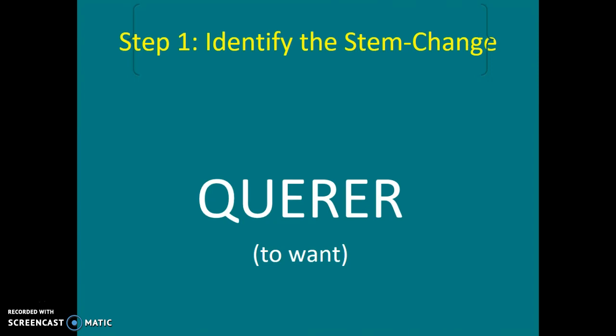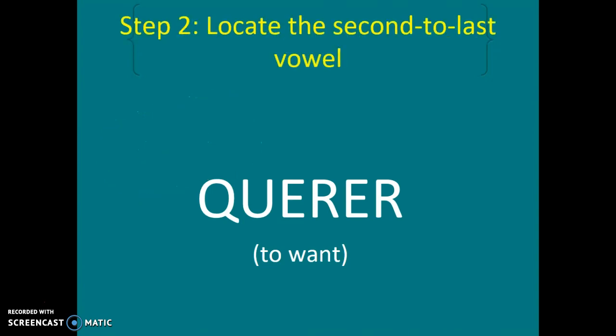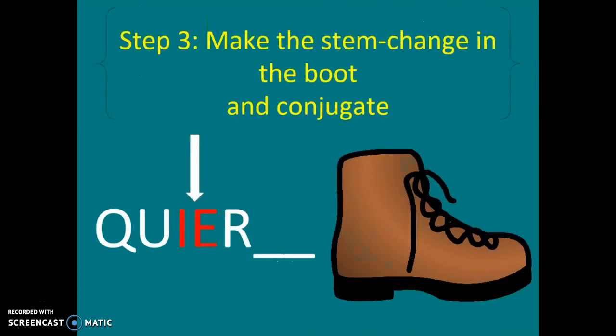What is the stem change? It is an E to IE. Step 2. Locate the second to last vowel. That is the E. Correct! Step 3. Make the stem change in the boot and conjugate.